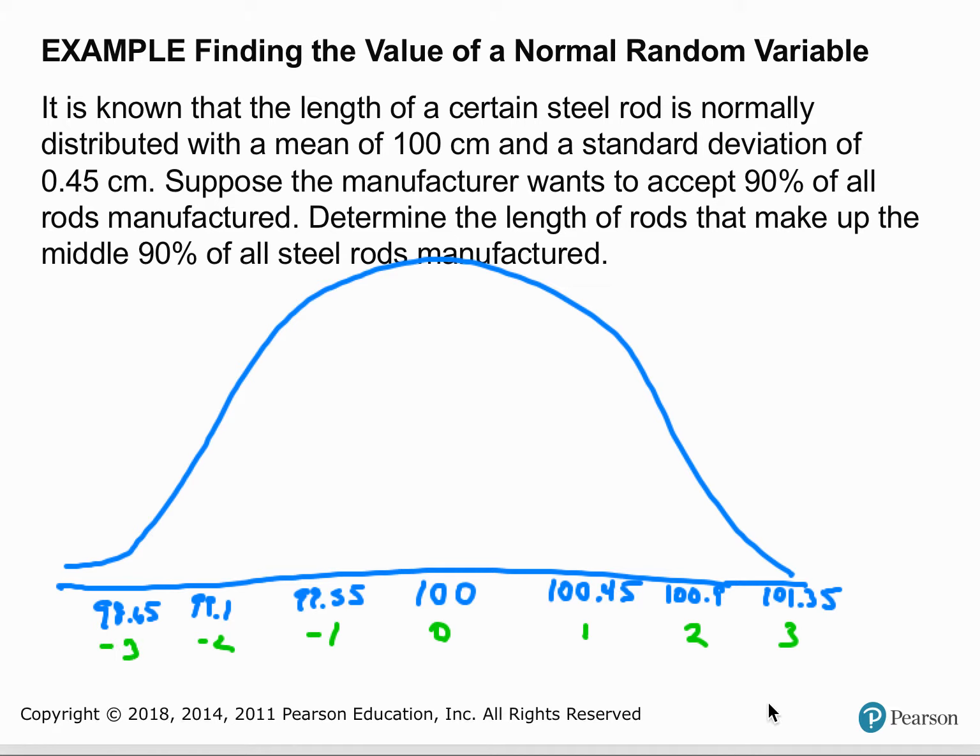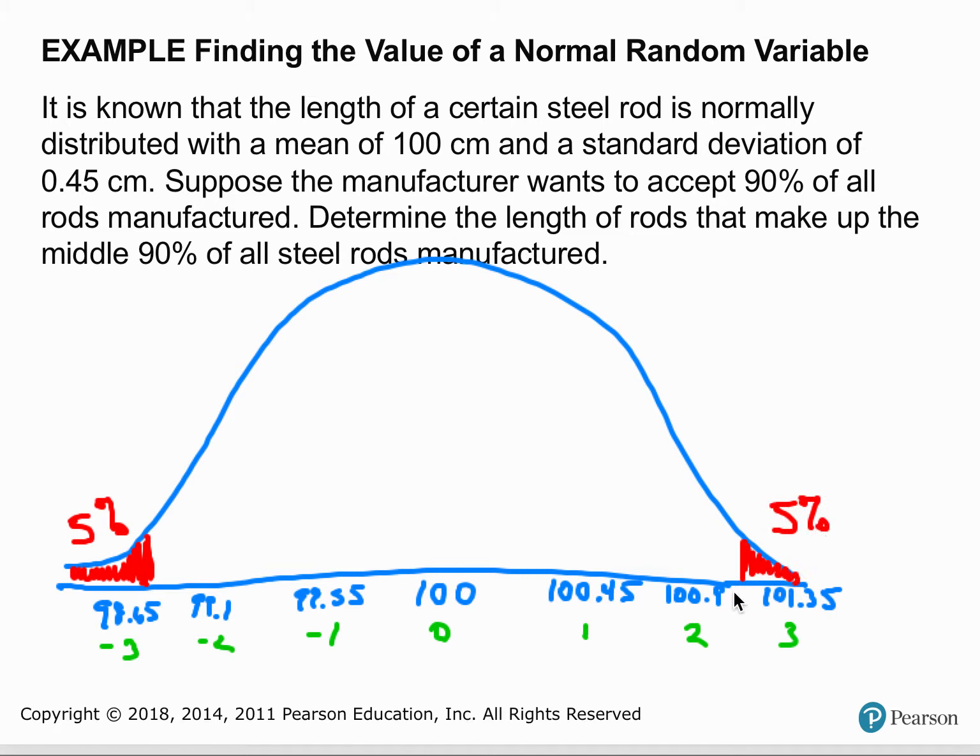Okay, but what this one is asking is it wants to know the middle 90%. That means this part here needs to be 5%. And this part here, some part, I don't know yet what part, but that's what my graph would look like, right?